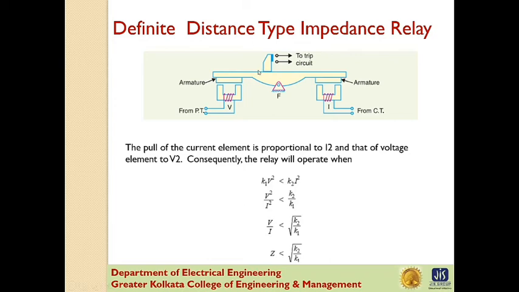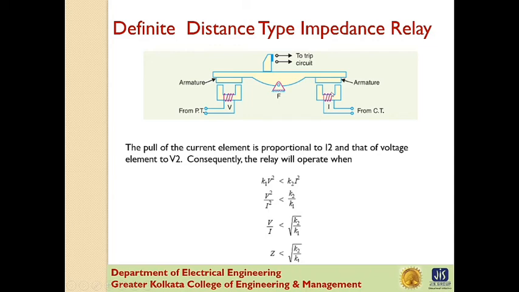Now this figure shows the schematic arrangement of a definite distance type impedance relay. It consists of a pivoted beam and two electromagnets energized respectively by a current and voltage transformer in the protected zone.